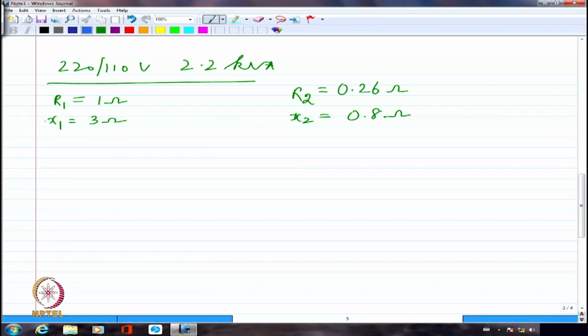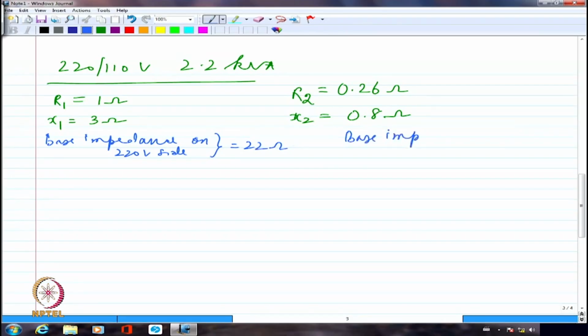was 22 ohms, whereas base impedance in this case was 5.5 ohm. So if I express 1 plus j3, this is R1 plus jX1, divided by 22.